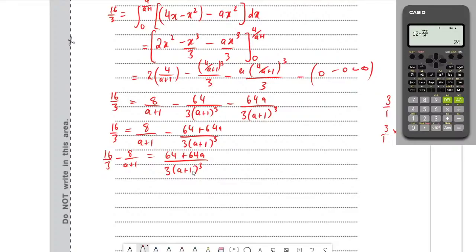I don't think this is going to be right, but what else can you do? So 16a plus 1 minus 8, 16, 24.